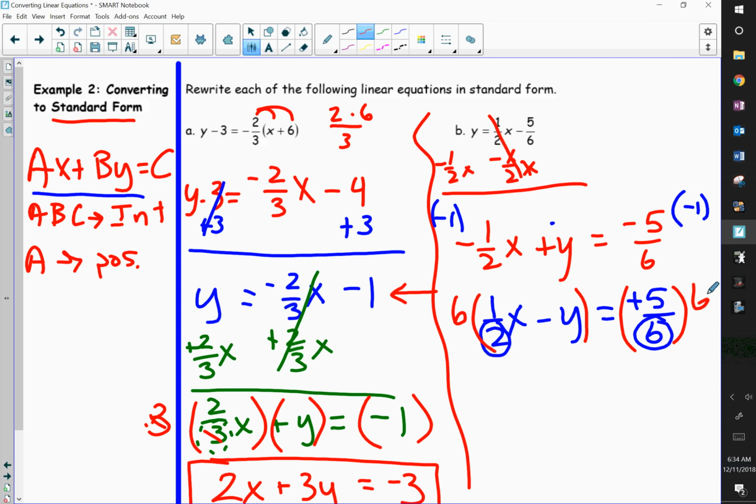On the right-hand side, 6 times 5/6, the 6 will cancel. I'm left with 5. On the left-hand side, when I multiply 6 times y, I get minus 6y. When I multiply 6 times 1/2 x, 1/2 of 6 is 3.